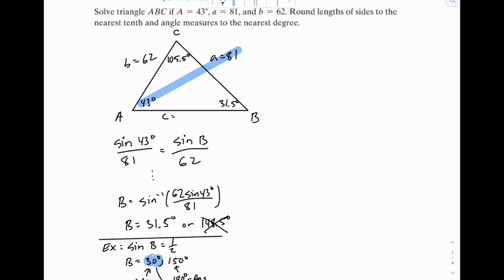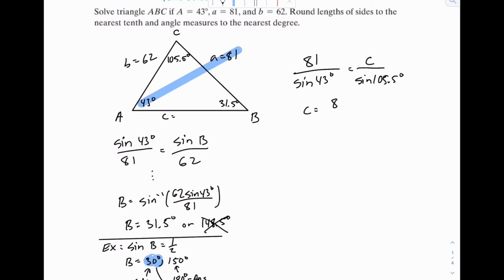And now we can find the last piece. Same thing, using law of sines. Actually, I'll make it a little bit easier for ourselves. Let's put the 81 on top, so that way letter C will be on top too. Sine of 105.5.